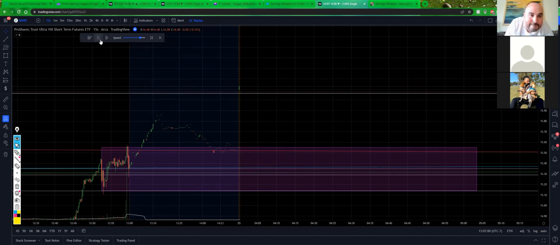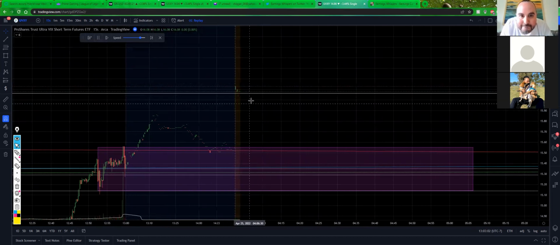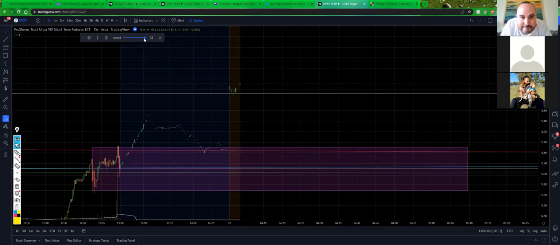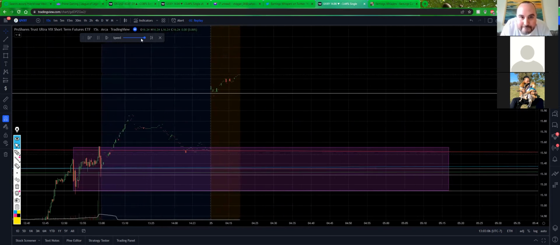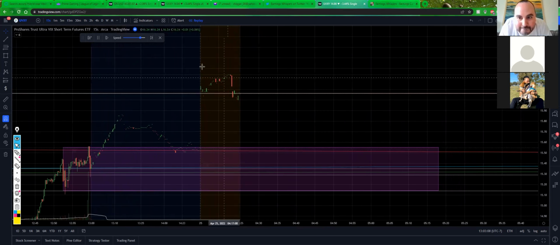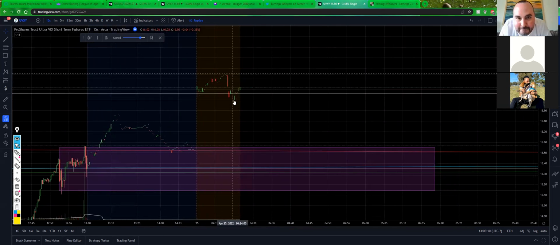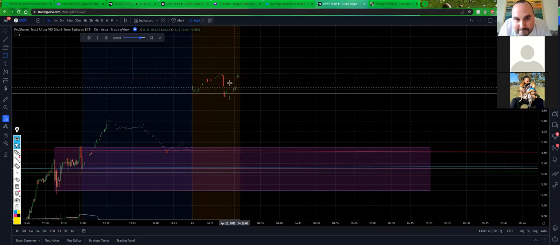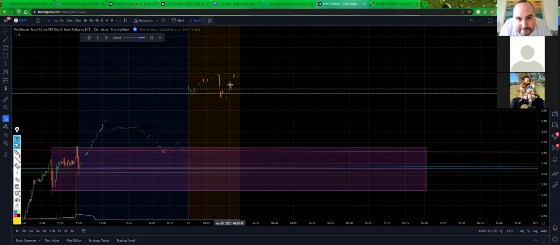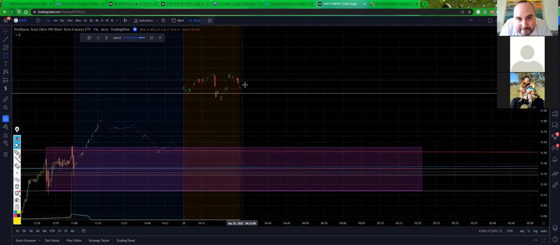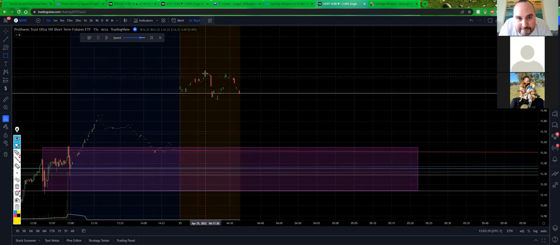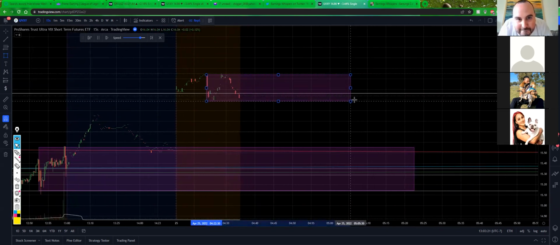So I've played this out right here. This is the pre-market today. Let me play it a little bit faster. Immediately we're getting a huge sell-off right here. It bounced out here, reached the top of that point, and started going back down again. I would now indicate this here as the demand zone.